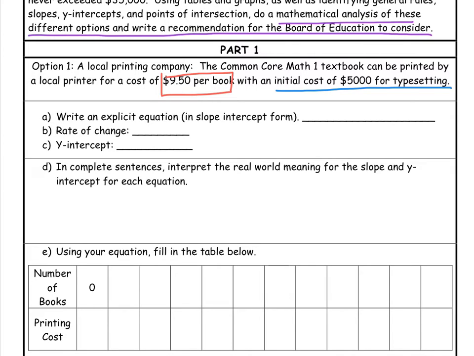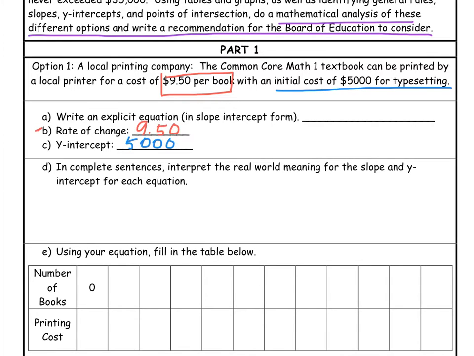So first, we want to figure out what's the rate of change. What thing is changing each time we need a book copied, and that would be the price per book, which is $9.50. And the y-intercept is the initial cost, and in this case, the initial cost for typesetting is $5,000.